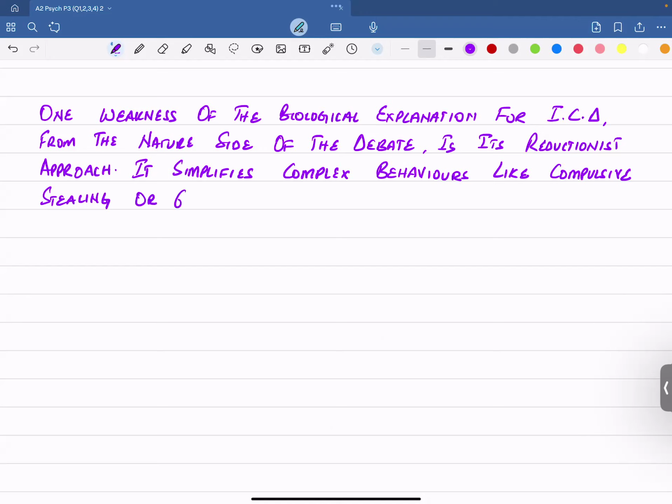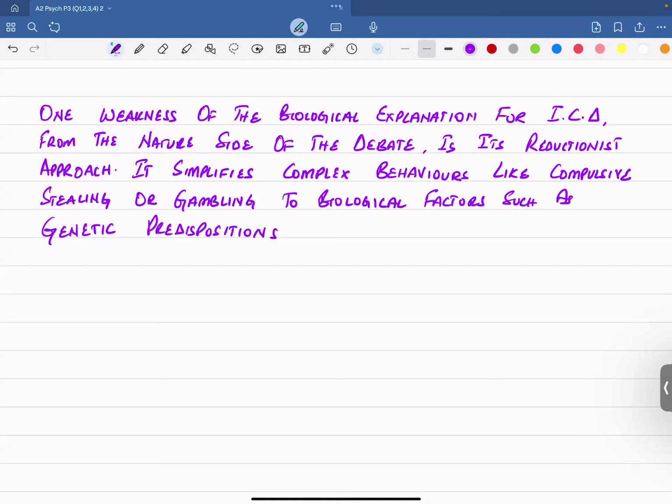Or for that matter, you could say gambling as well, to biological factors such as genetic predisposition, or neurotransmitter imbalance.